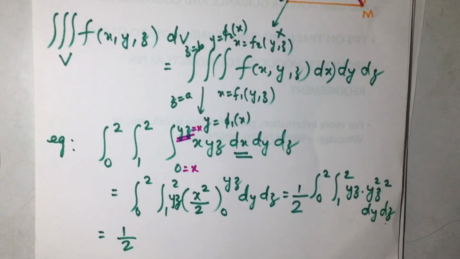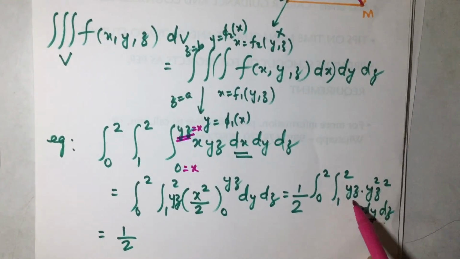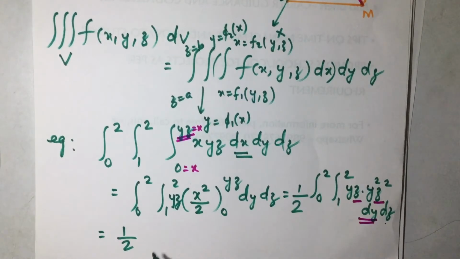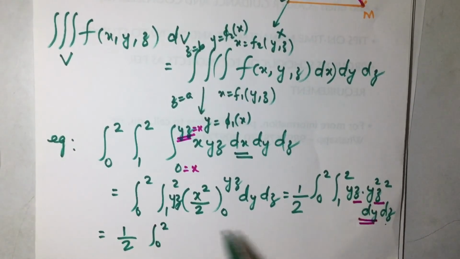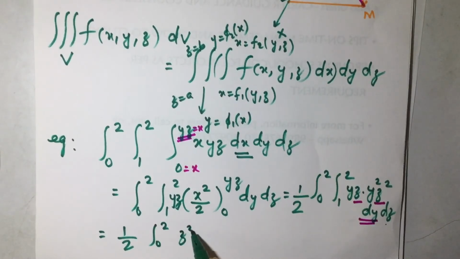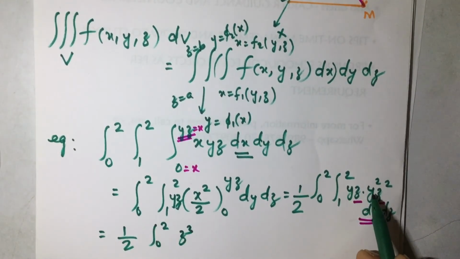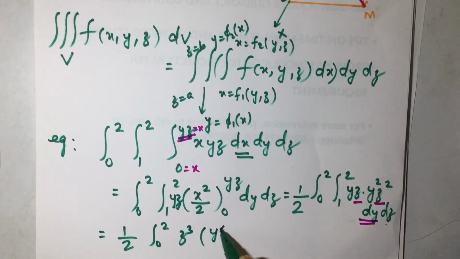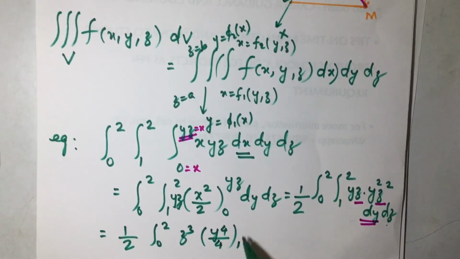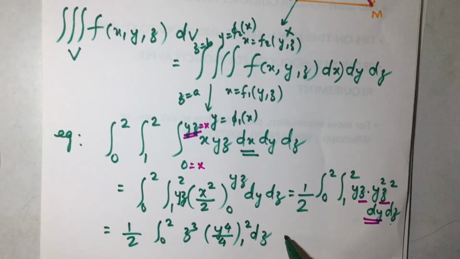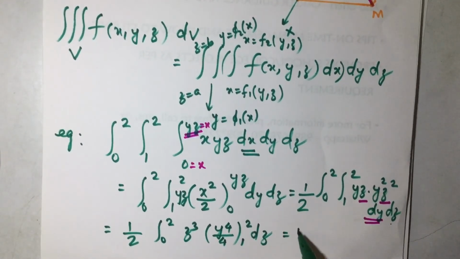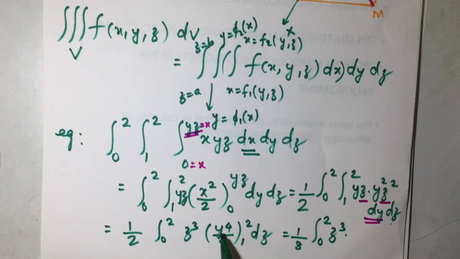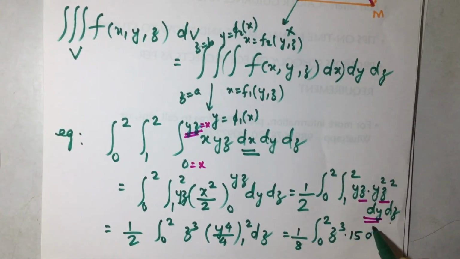Okay, suppose I am going to integrate with respect to y, so z will be constant there. Then this is 0 to 2, z square, and the integral of y square is y cube by 3, limit 1 to 2, dz. So that is 1 by 2 and 1 by 3, which is 1 by 6, integral 0 to 2 of z square into 2 cubed, which is 8, minus 1 cubed. So 8 minus 1 is 7, so 7 dz.